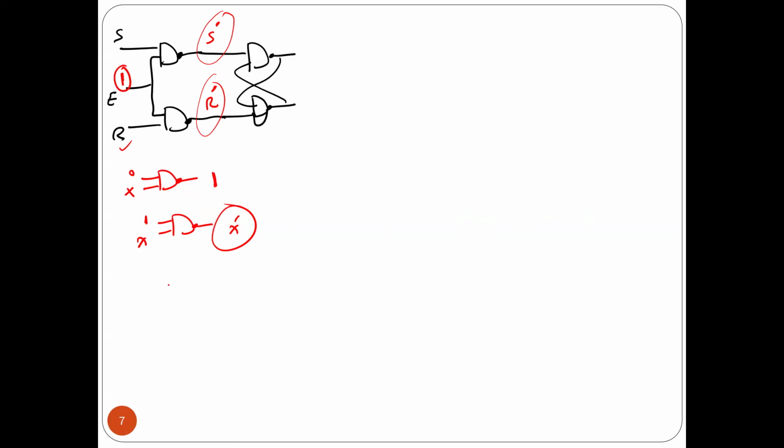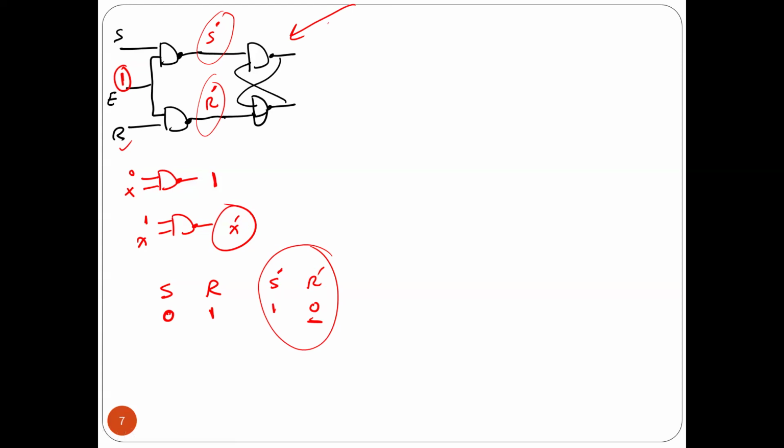That means, let's see, if S, for example, is 0 and R is 1, then S prime should be 1 and R prime is 0. Remember, this part here was active low.